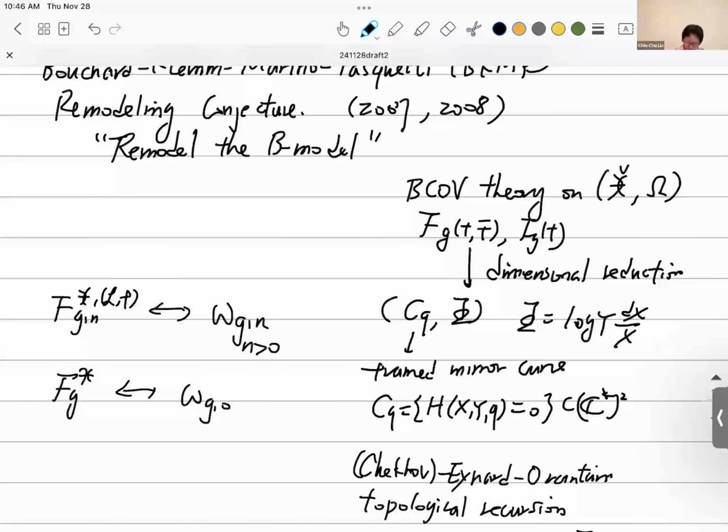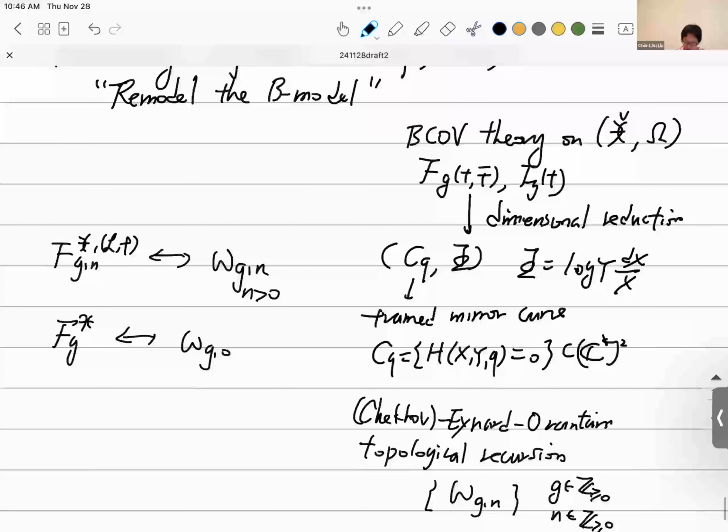And then I will also review the definition of the invariants defined by topological recursion. So now both sides are mathematically defined, and they conjecture a precise relationship between these B-model invariants and A-model invariants in all genera, including the closed sector and open string sector. This can be viewed as a version of all genus open-closed mirror symmetry.